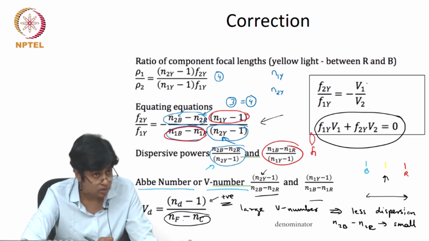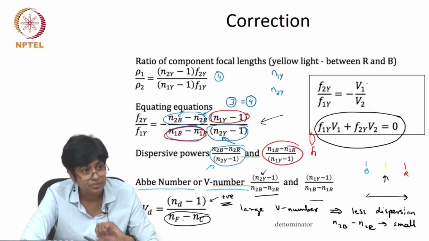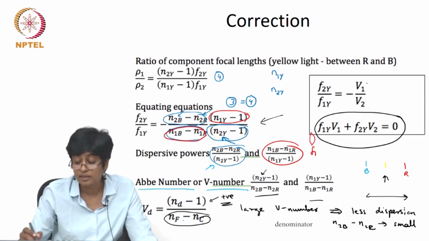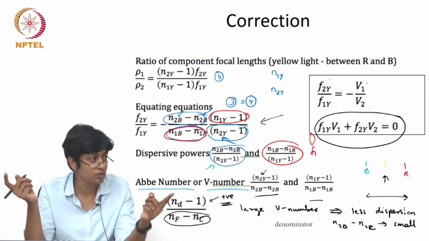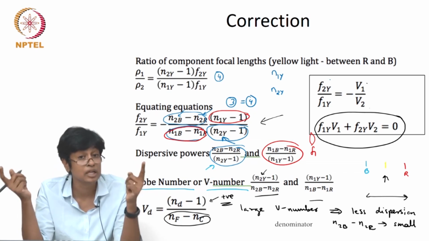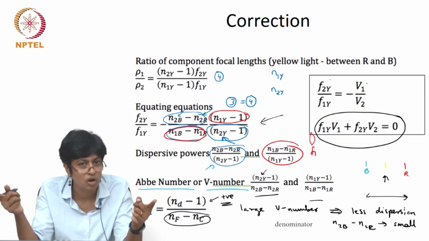It is going to be positive as well. So how do I get negative dispersion? I don't get it from the V number then. I will get it from using two different focal lengths, a positive focal length and a negative focal length. So my combination then is going to be a convex lens and a concave lens.